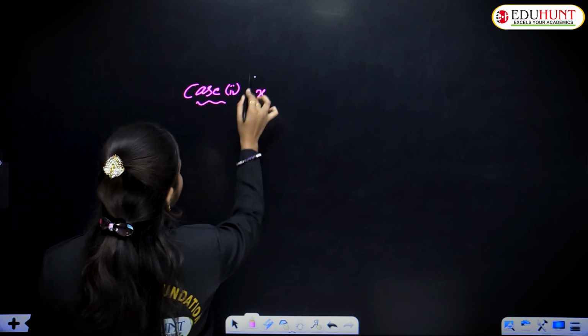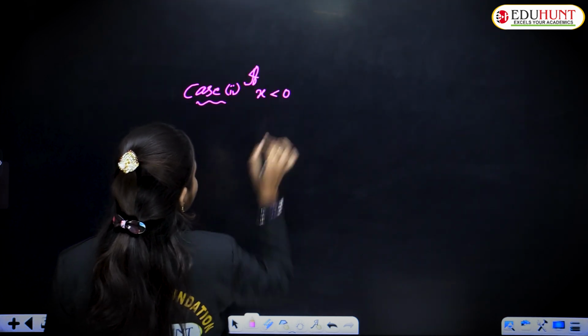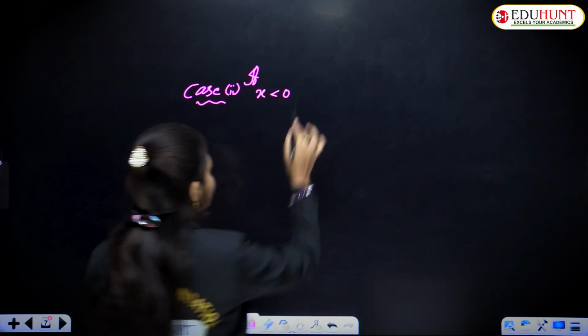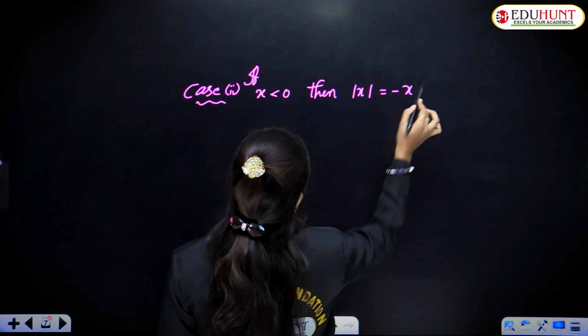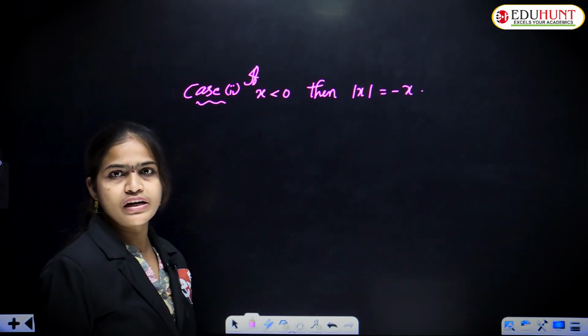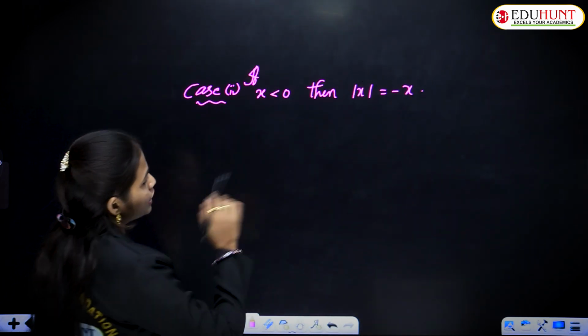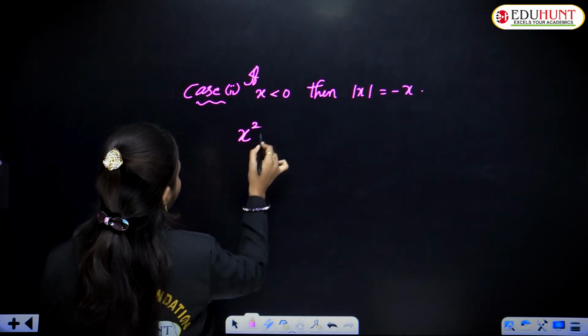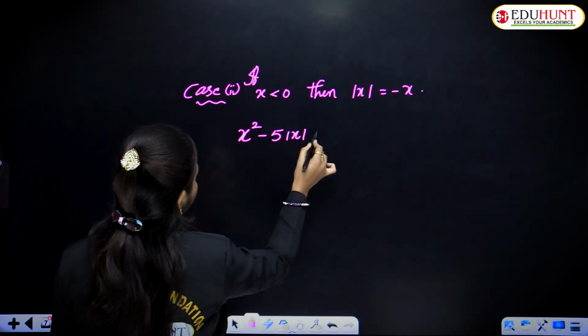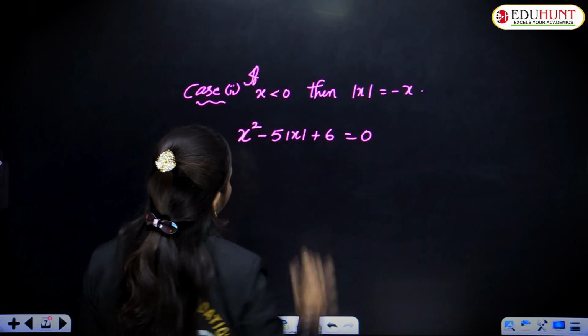If x is less than 0, then modulus of x is equal to minus x. So children, see what they gave: x square minus 5 modulus x plus 6 is equal to 0.